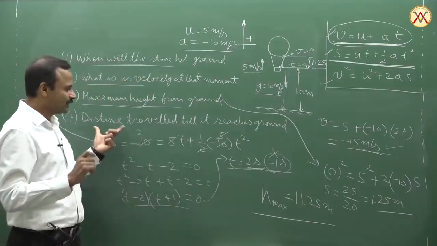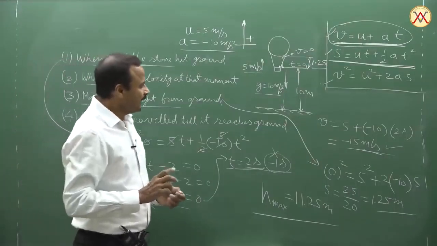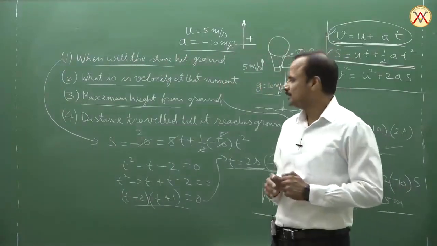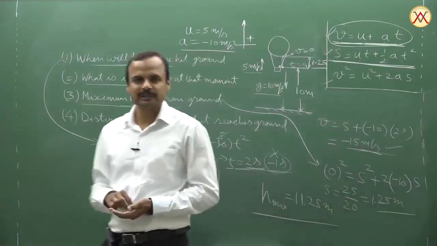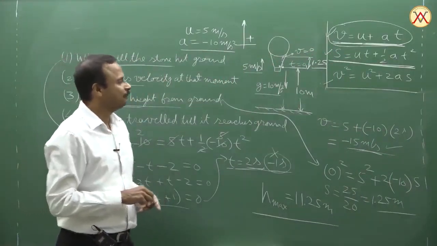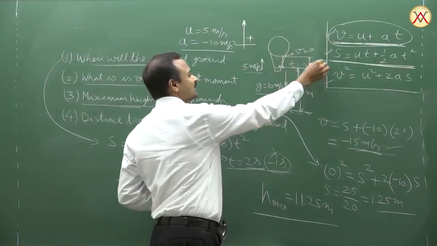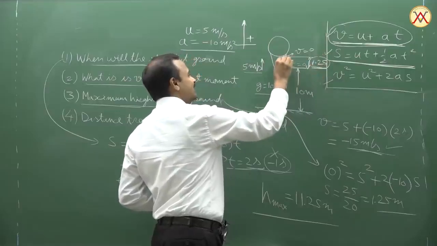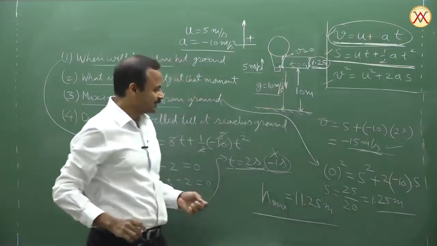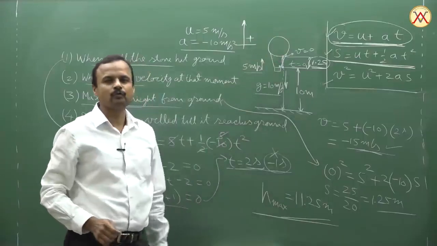Last part. What is the distance traveled till it reaches ground? Now, is distance traveled in this situation equal to the magnitude of displacement? It is a one-dimensional motion, all right, but the particle initially goes up to a distance of 1.25, then it turns back, starts falling, and it falls a distance of how much? 11.25 after going up 1.25.